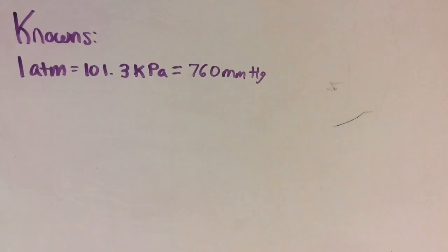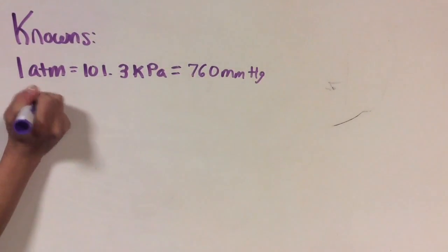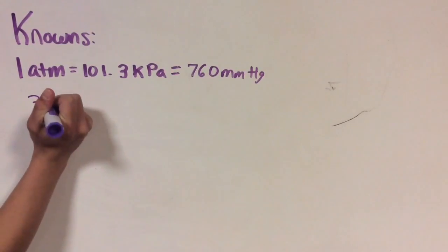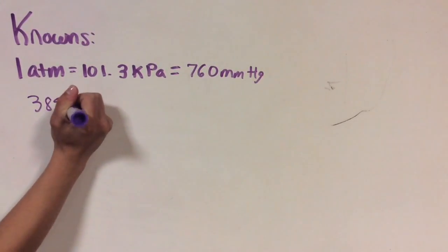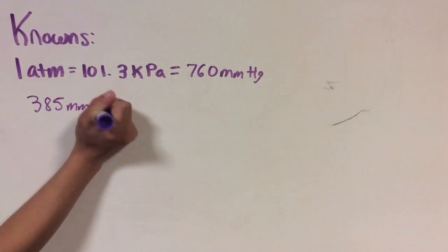The question for this practice problem is, what pressure in kilopascals does a gas exert at 385 millimeters of mercury? So your knowns again are 1 atm equals 101.3 kilopascals, which is equal to 760 millimeters of mercury. So what you're going to do is start out with 385 millimeters of mercury.